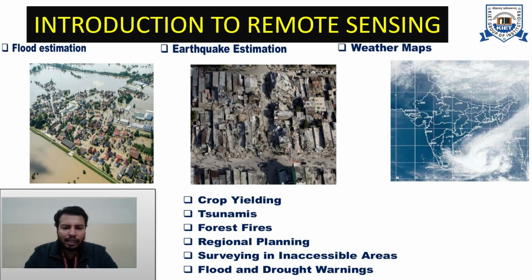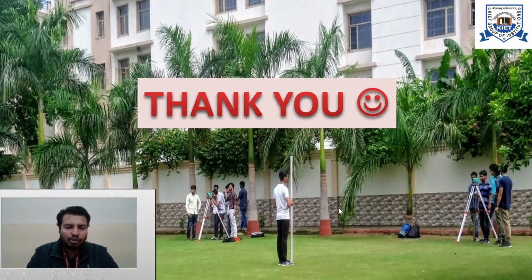Regional planning is done with the help of remote sensing. Then surveying in inaccessible areas, where we cannot go physically and physical movement is not possible, still we can obtain some information. Then flood and drought warning: early warning systems can be developed with the help of remote sensing techniques. So these are the various applications in which remote sensing can be employed.